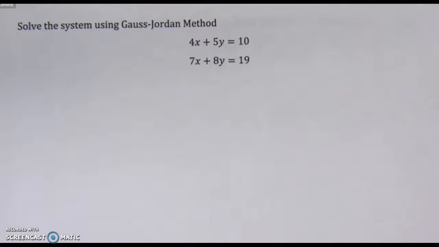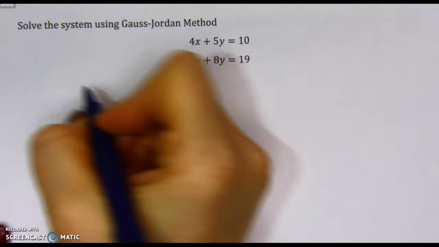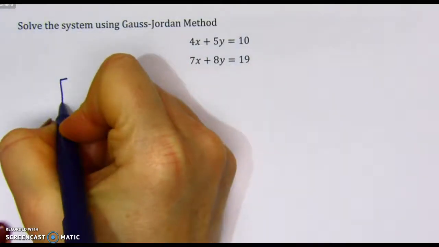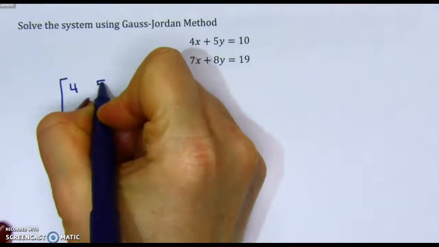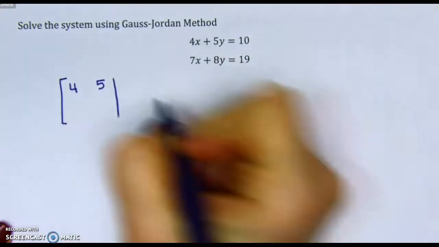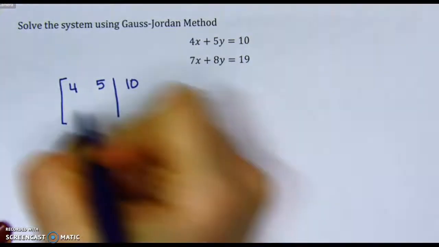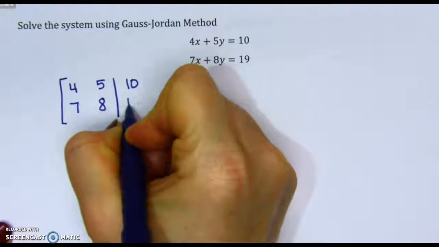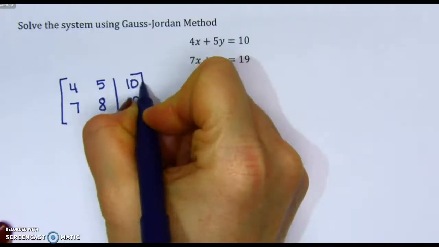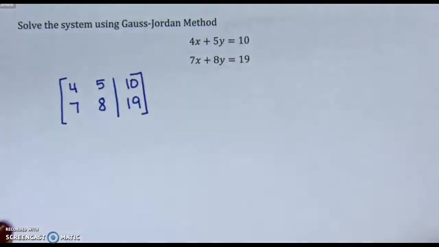I see that the variables are in order, so I'm going to turn it into an augmented matrix, giving me 4, 5, my bar, 10, and 7, 8, my bar, and 19. So my goal, again, is to get the diagonals equal to 1 and everything else is 0.